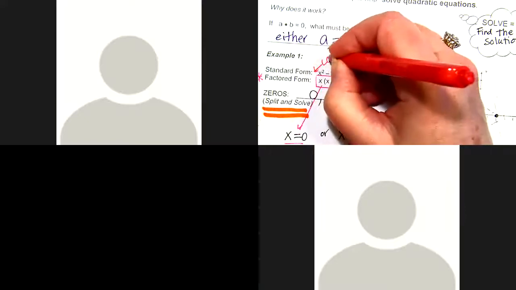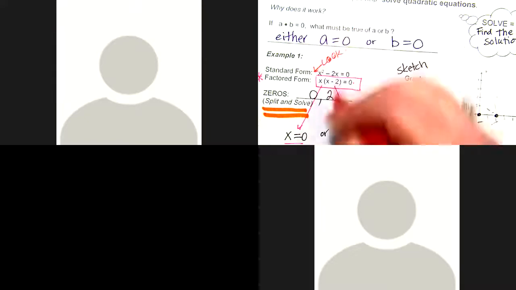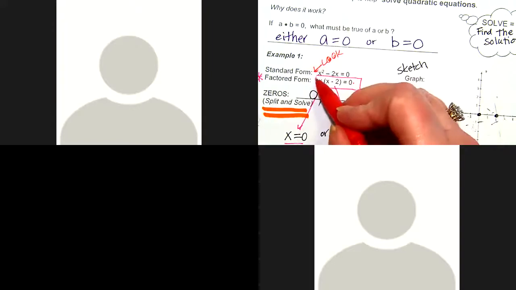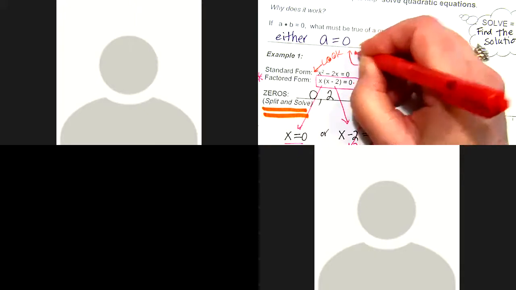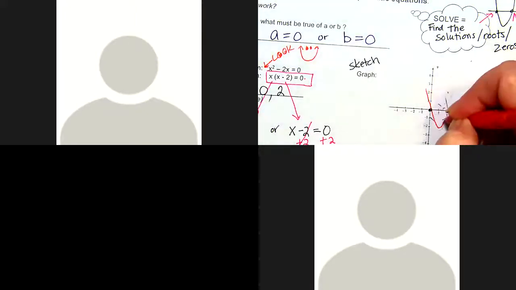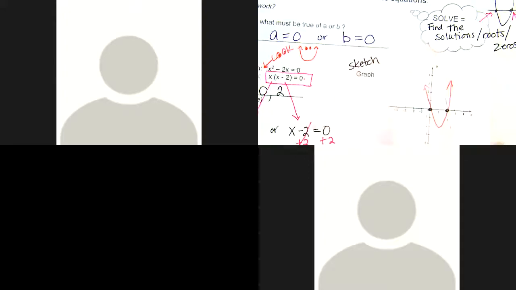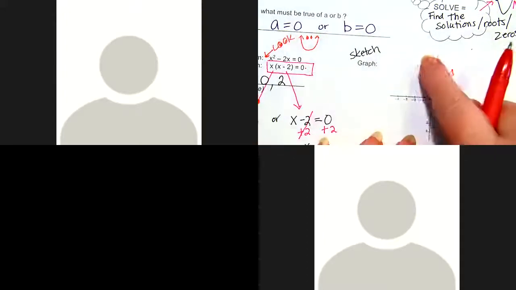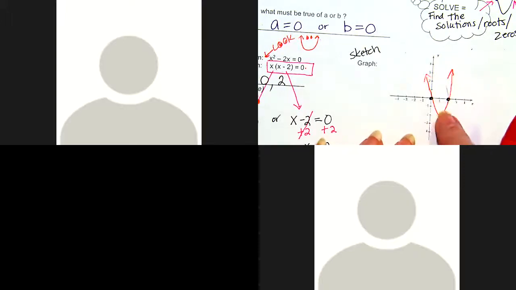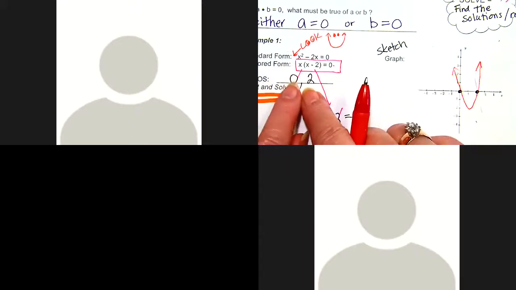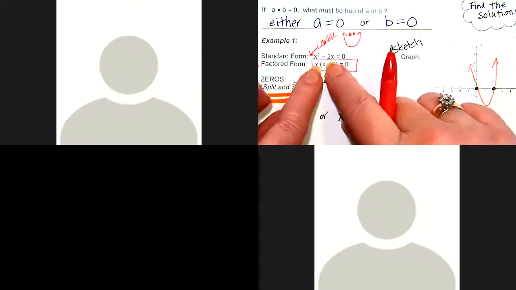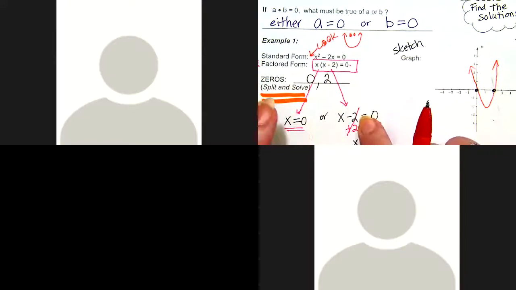This is where you look, at the front of the x squared. And if it's blank, that means it's positive, and positive is our happy face. So this one opens up. Now again, I don't know how far it goes down. It's just a sketch of the graph. But I want to make sure it hits my 2 zeros that I found. I found 0 and 2. I took this and split it into 2 parts and solved it.